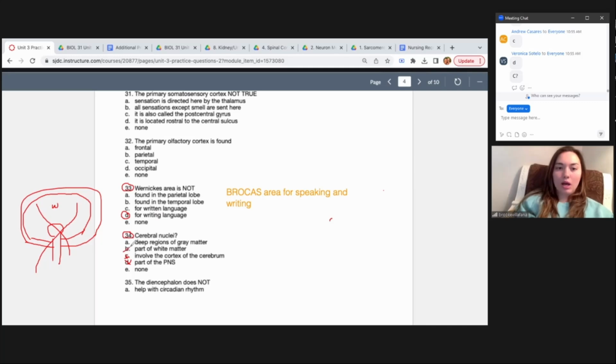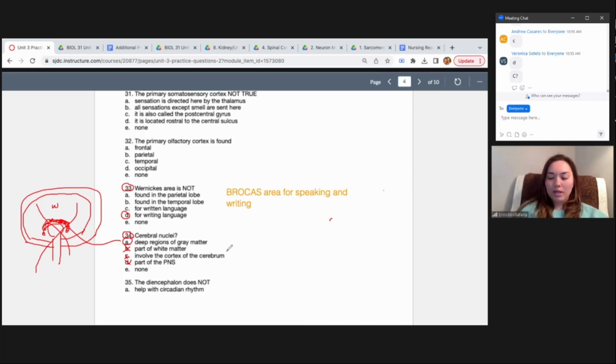So it's not part of the white matter because they're nuclei, and we know white matter are axons. So they are deep regions of gray matter. So the cerebral nuclei are little clusters of gray matter located around the brainstem right here. So our answer would be A, they're deep regions of gray matter located around the brainstem.